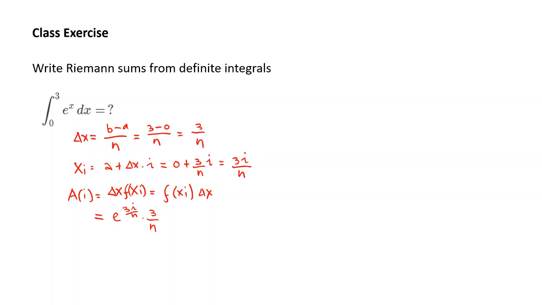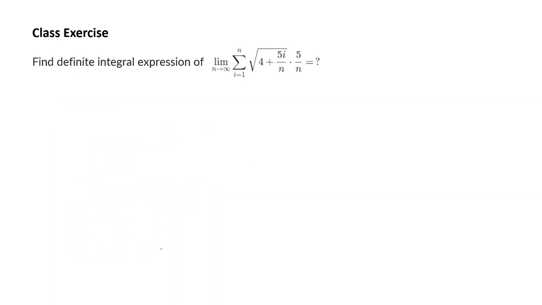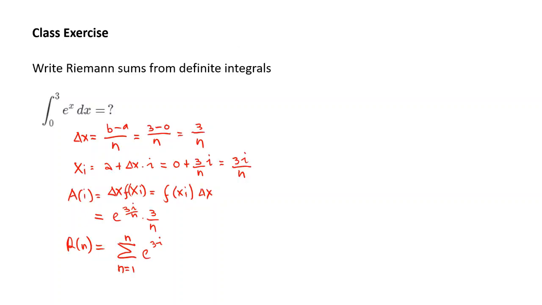The Riemann form for this one: Rn equals the sum from i equal to 1 until n of f xi delta x, which is e to the 3i over n times 3 over n.